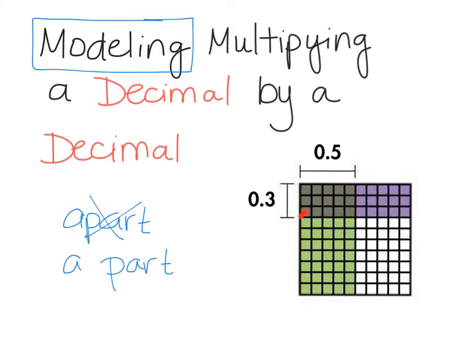The area that overlaps, where the purple and the green overlap, is the area of the product of these two numbers. So 3/10 times 5/10 would be 1, 2, 3, 4, 5, 6, 7, 8, 9, 10, 11, 12, 13, 14, 15 hundredths would be your answer. It's the overlapped area.